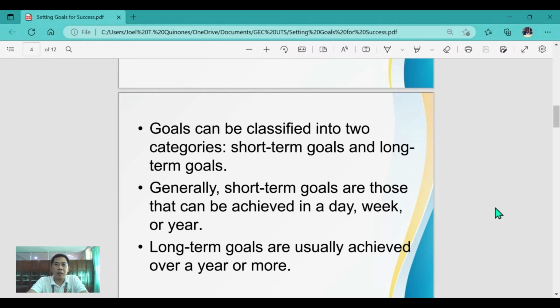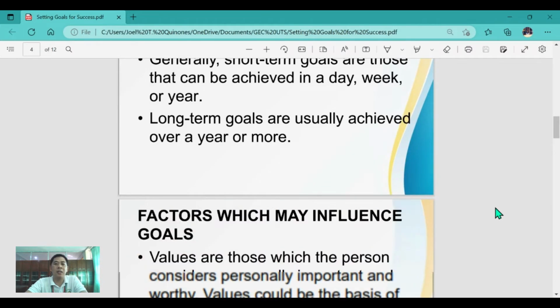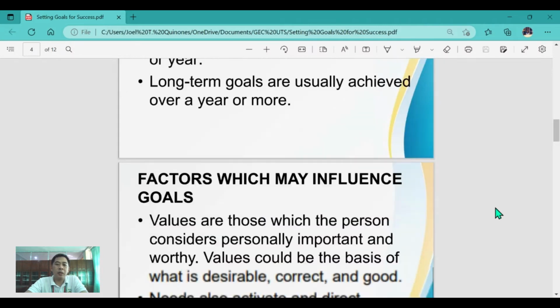What else? If, let's say, for example, gusto mong matapos ang isang project, so 1 month, 2 months, or 3 months. Long-term goal is basically achieved in over a year or more. Let's say, for example, your course that is good for 4 years or 3 years or 5 years. So that is a long-term goal.